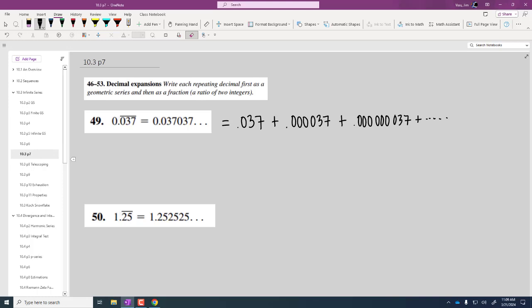So I'm breaking it apart by groups of 3. And then let's rewrite this. Well, we should be able to just find A and R right away.